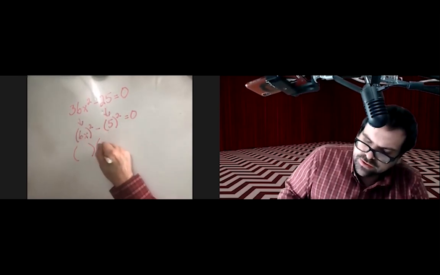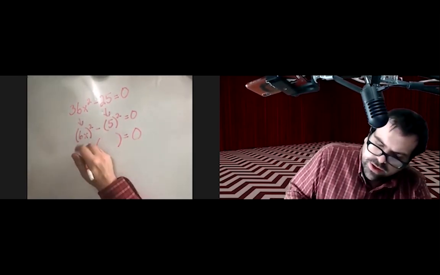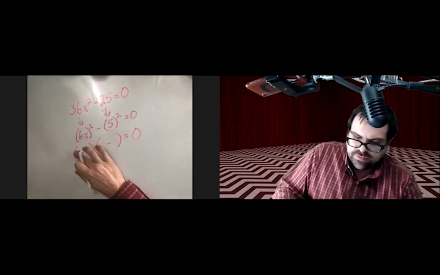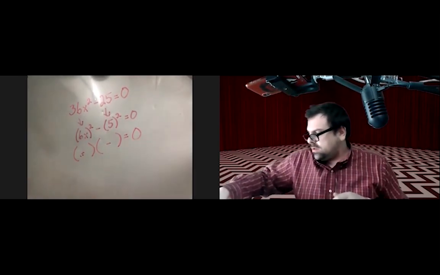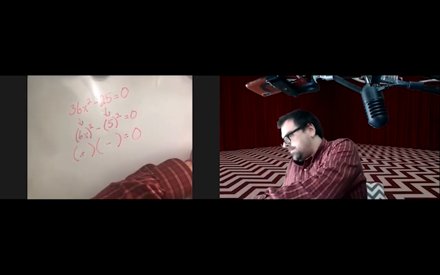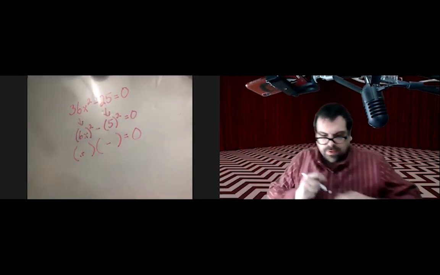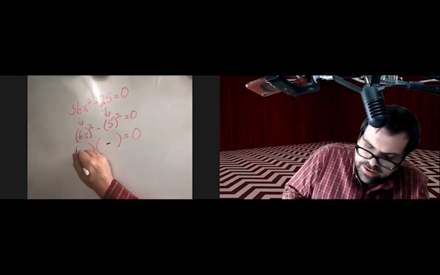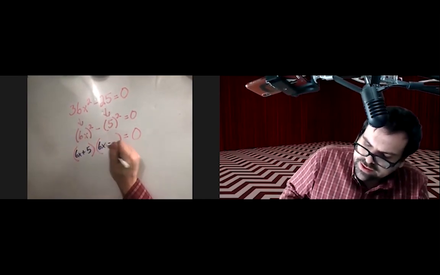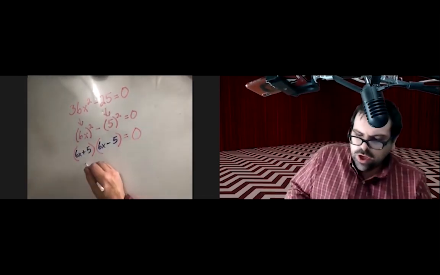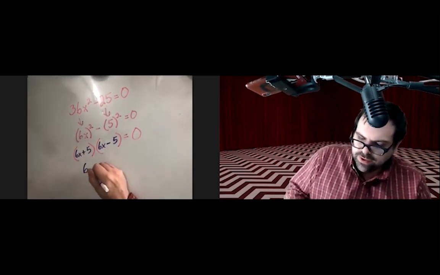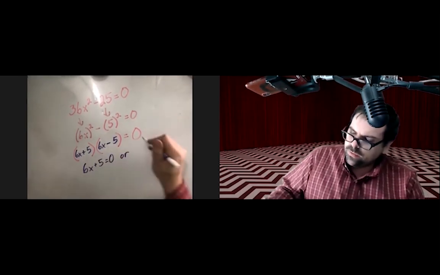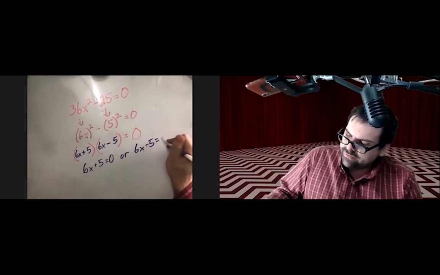Difference of squares factors as two things, one plus, one minus. 6x and 5. Two things multiplied together equaling 0 either means the first thing, 6x plus 5 equals 0, or the second thing, 6x minus 5 equals 0.